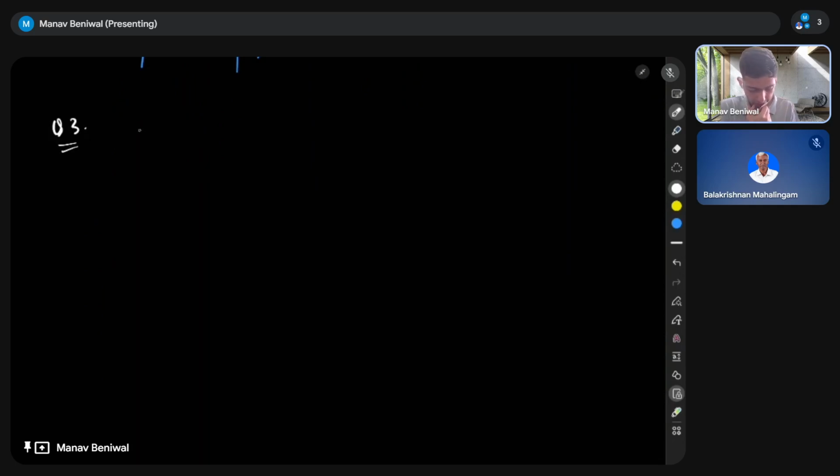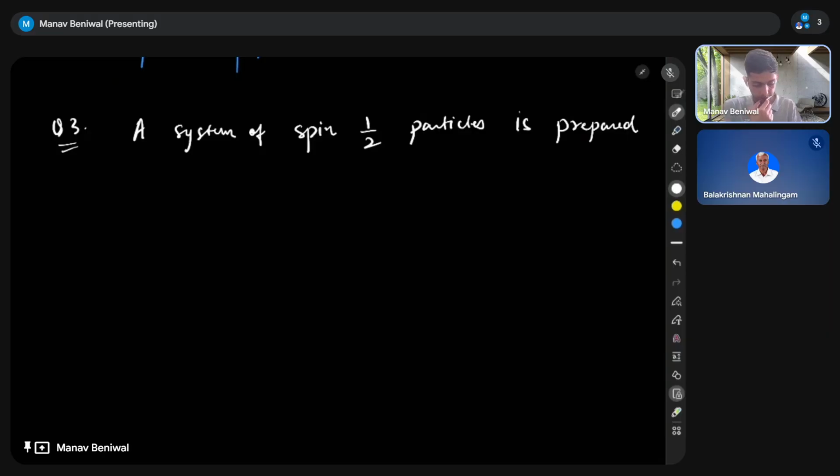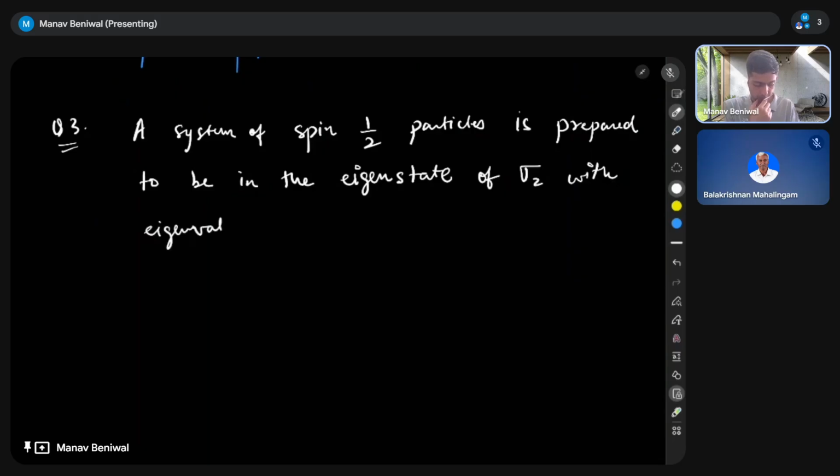We have a system of spin half particles that is prepared to be in the eigenstate of sigma z with eigenvalue plus 1.